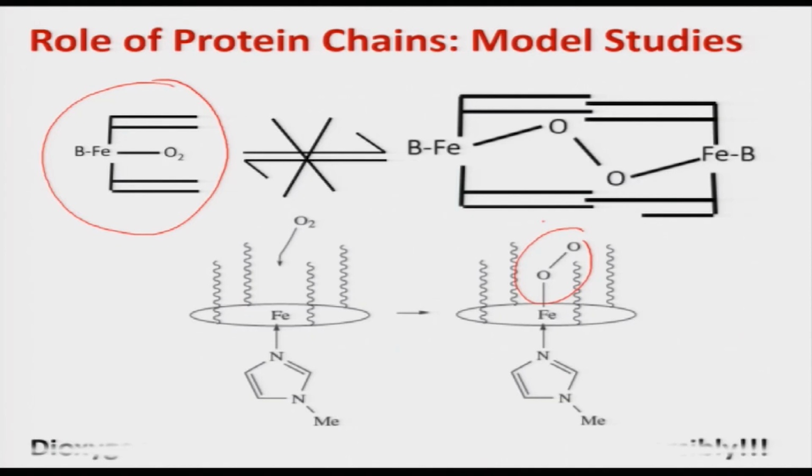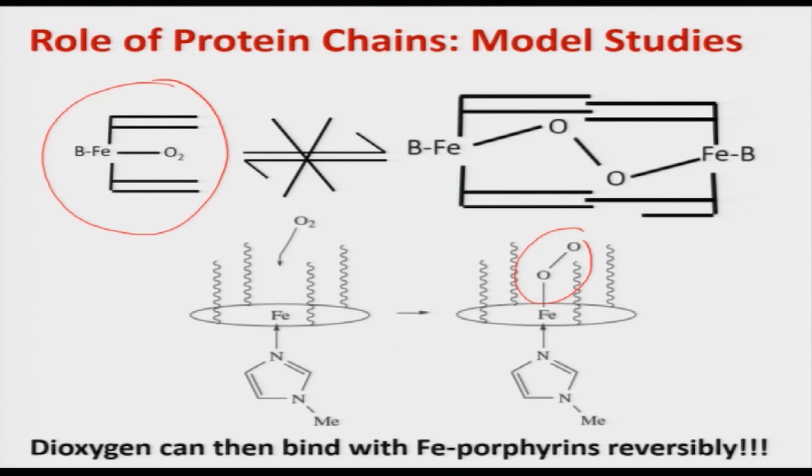This proves that dioxygen can bind even with artificial iron porphyrins reversibly without protein chain, if one designs appropriate molecules for that.